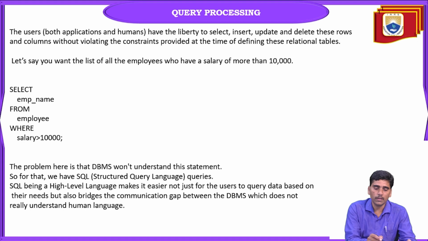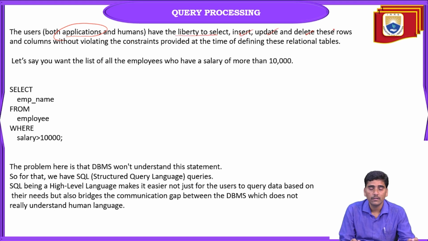The users, both applications and humans, have the liberty to select, insert, update, and delete these rows and columns without violating the constraints provided at the time of defining the relation tables.